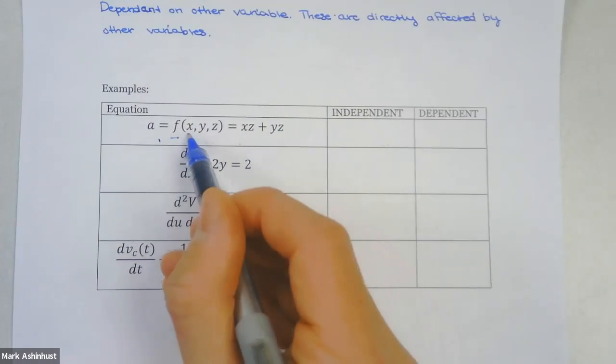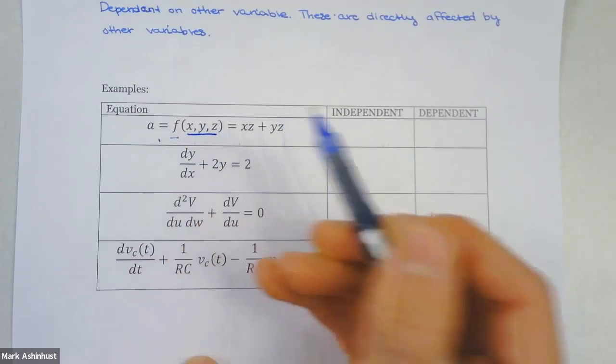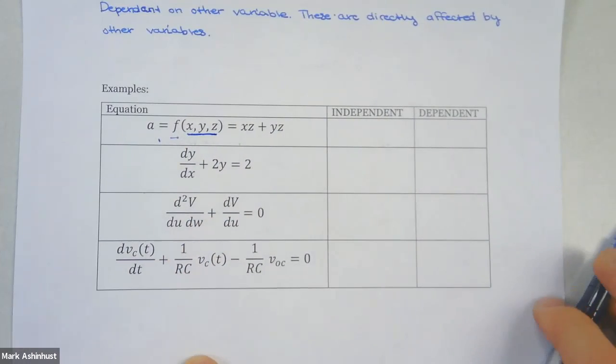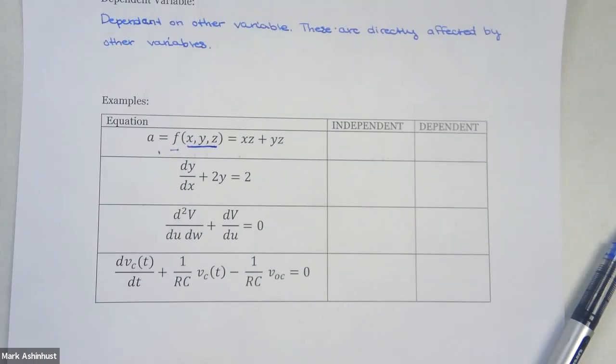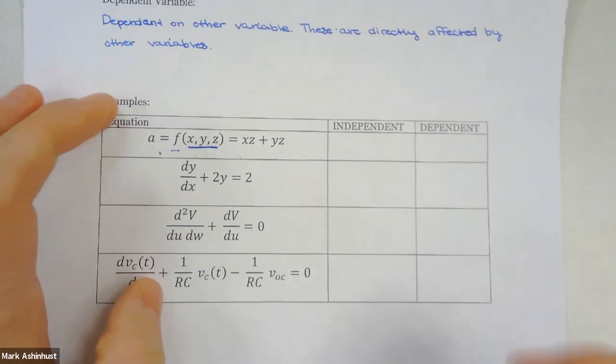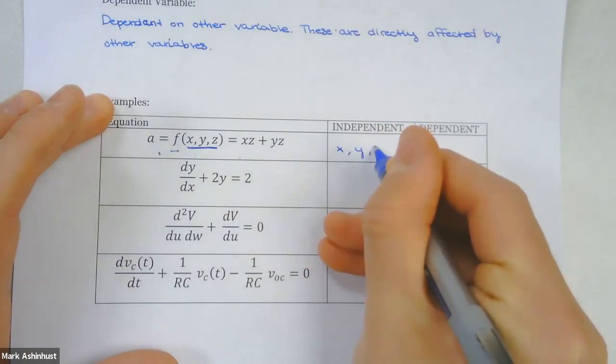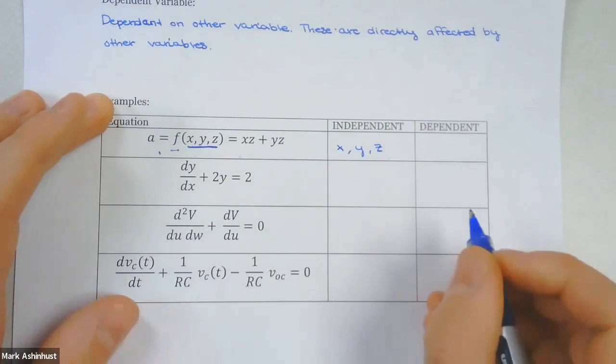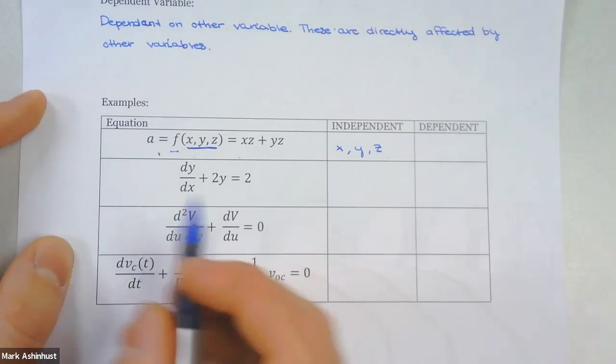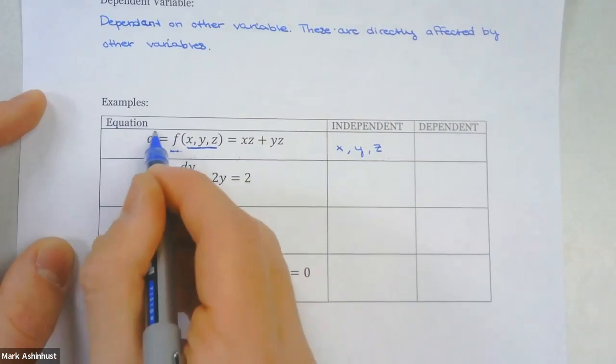So what's inside here are the variables that are independent from the others. They're going to be the ones that are not directly affected. And those are going to be our independent variables. So our independent is going to be x, y, and z. And then our dependent from here can just be a.